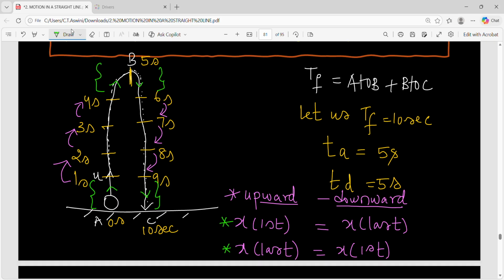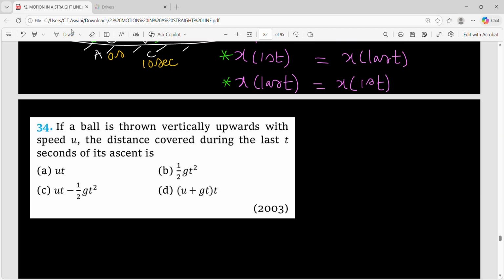It doesn't mean that it is applicable only for first and last. It is applicable for in-between time intervals also. Just memorize this concept, understand this concept of symmetry in motion. Clear? Fine. We'll do one question on this.